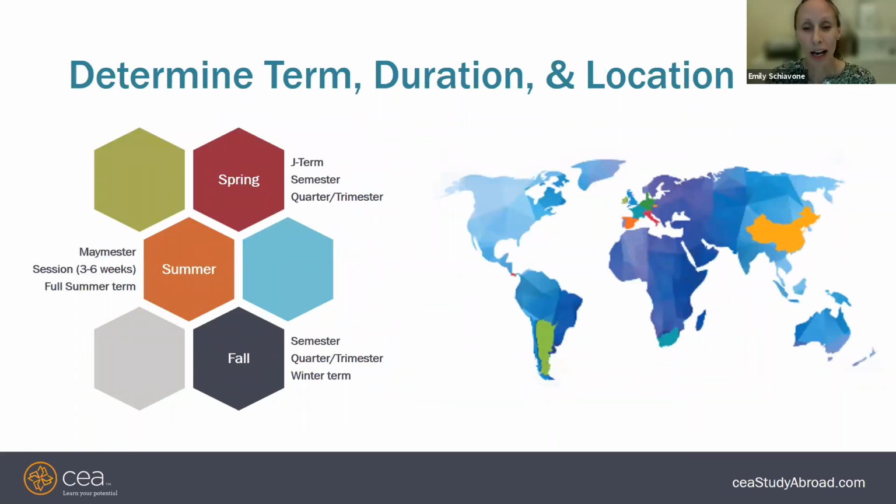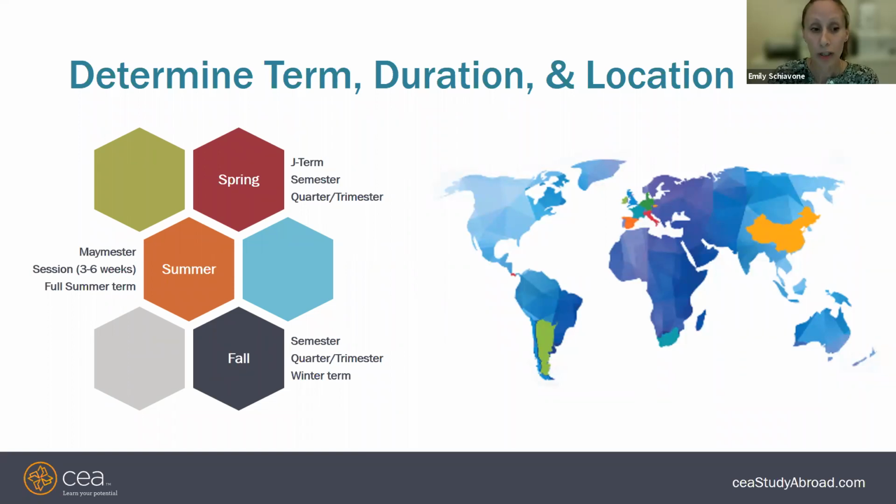Then, of course, we need to determine when, for how long, and where your program will take place. We are equipped to accommodate just about any term of program that you would like. So J terms, Maymesters, winter terms, in terms of shorter length programs. Semesters obviously are classics in spring and fall, quarters or trimesters as well.